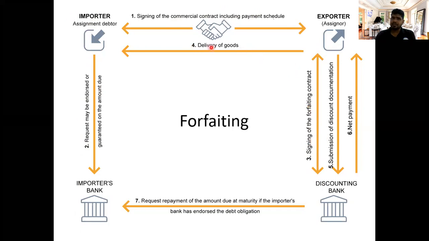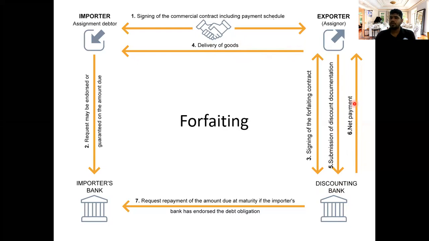Then they deliver the goods to the importer, and after delivering the item, there is submission of the discount document. Once the item is delivered, they have to wait a period of time to get the money. So before that, they go to the bank, submit the discount document, and the bank will pay the money.